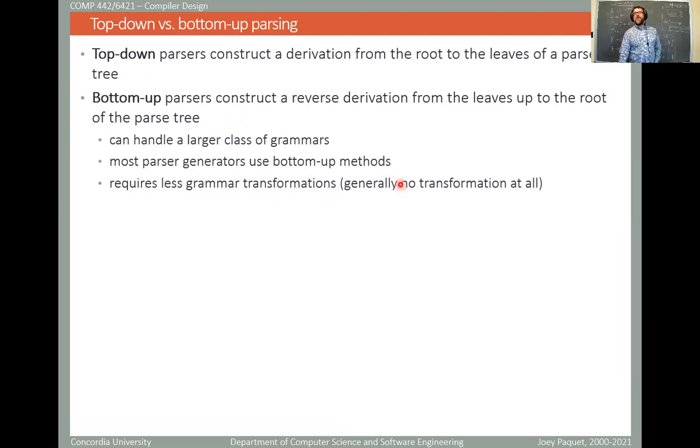Generally speaking, it requires no transformation at all. There are often some ambiguities, but they are much less prevalent or problematic than when you are implementing a top-down parser, as we saw in Submission number 2 in the project.